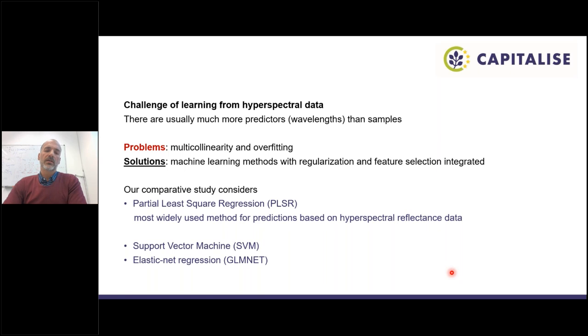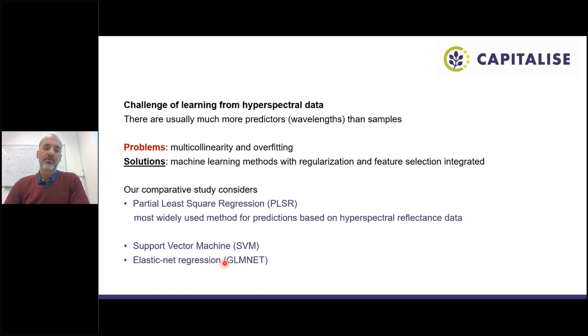As a result, after running multiple analyses, I'm just going to present the comparative analysis of three approaches. The first one is partial least square regression, which is commonly used in all of the previous studies that rely on prediction of various types of traits from hyperspectral reflectance data. We have support vector machine and elastic net regression.